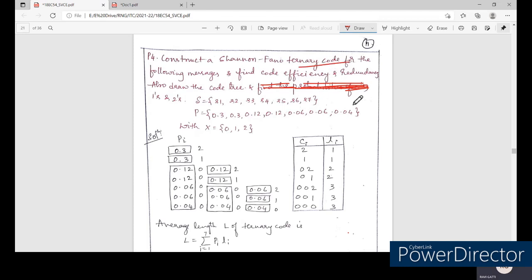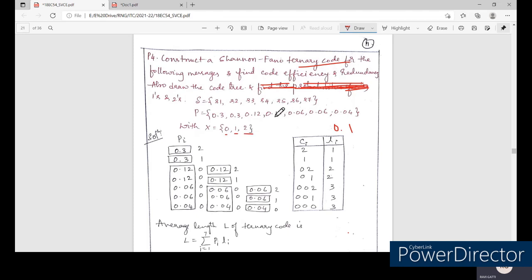In the binary code, we had only two values. Either we can encode it as 0 or we can encode it as 1. Whereas in the case of ternary, as the name indicates, we will be using 3 digits to convert the source alphabet into code alphabets. So we will be using 0, 1 and 2.